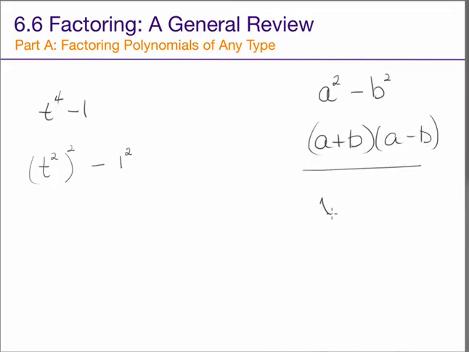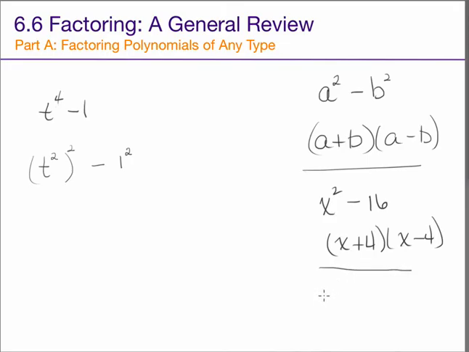For example, I might have x squared minus 16, and that would factor as x plus 4 times x minus 4, because 16 is 4 squared. 4 is my b.